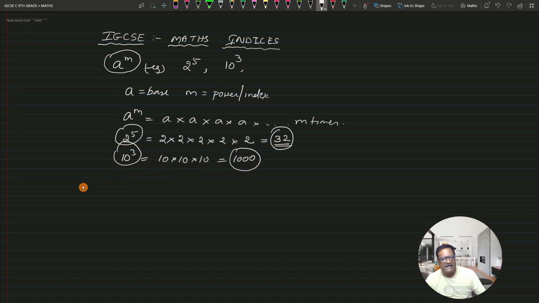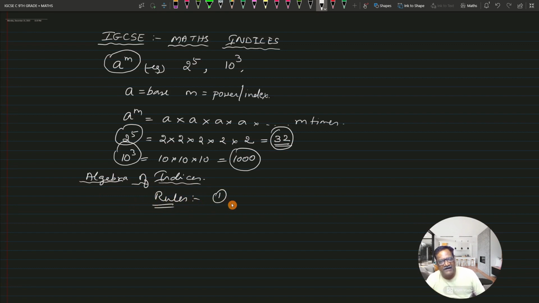Now there is an algebra connected to these types of numbers, the algebra of indices. For this, you have to understand certain rules. So let me tell you the rules.